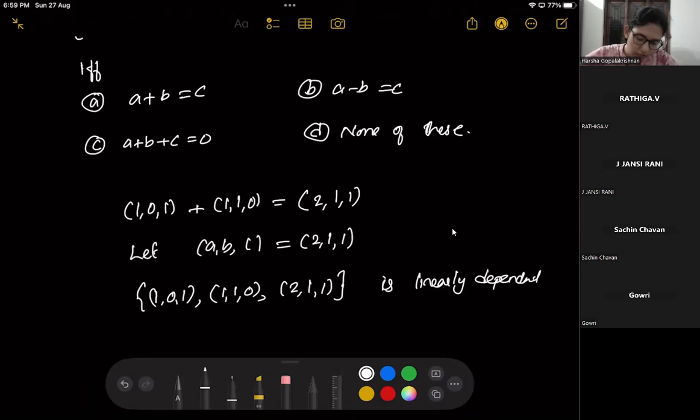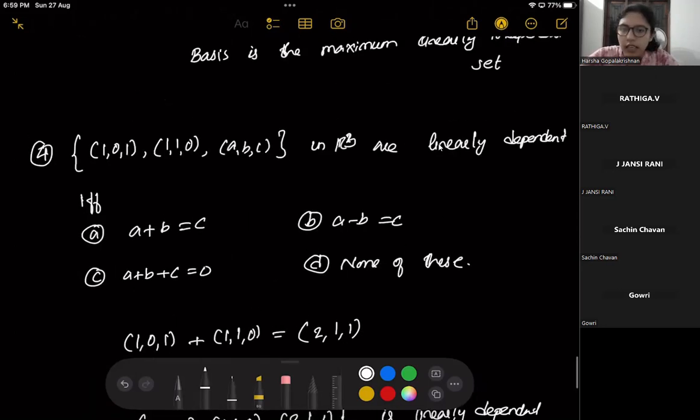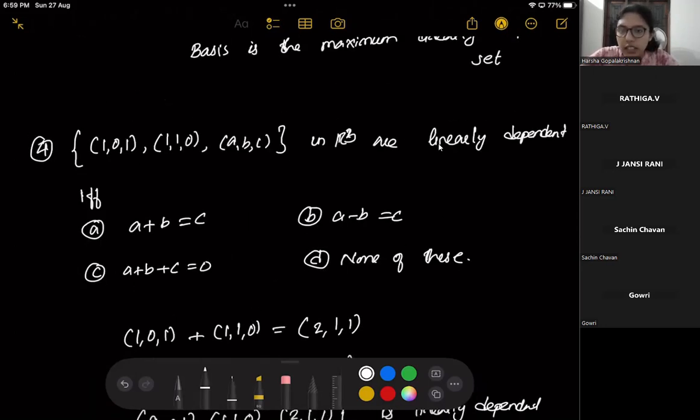So in our question, what they are asking is the necessary and sufficient condition for this to be linearly dependent. But here, the set 101, 110, 211 is linearly dependent, but A plus B equal to C is not satisfied. That means 2 plus 1 equal to 1 is not satisfied.